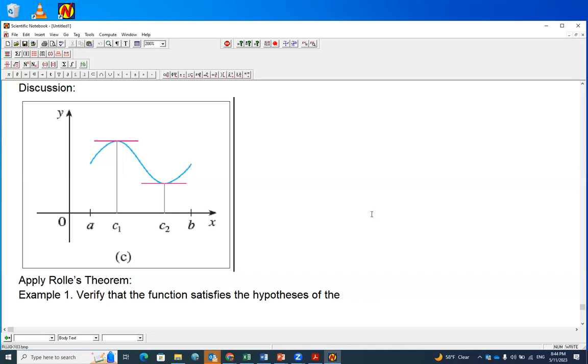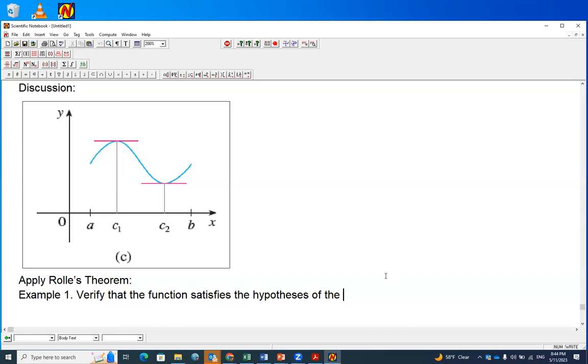No, actually, it's not number 12. Number 12 is using the mean value theorem. We're going to do number 6. We did this in class, but we're going to do number 6, number 7 and number 8.